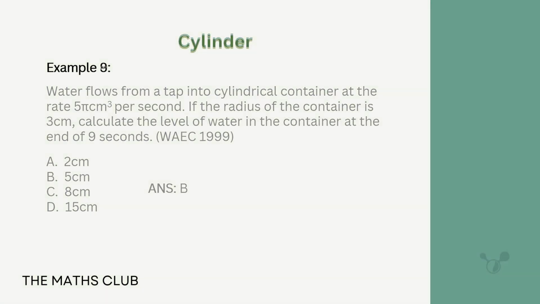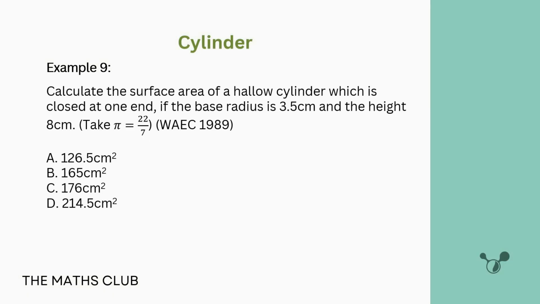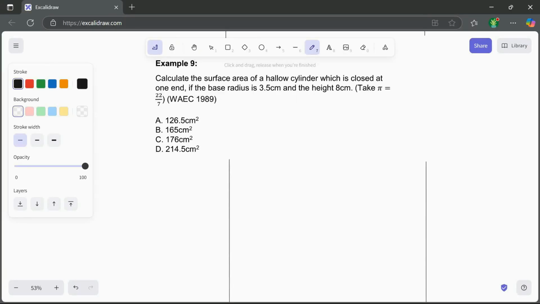Great. Example 9 says calculate the surface area of a hollow cylinder which is closed at one end if the base radius is 3.5 centimeter and the height is 8 centimeter, and take pi to be 22/7. This is from WAEC 1989. So for a cylinder, if it's closed at one end, we know what to do. The base radius is 3.5 centimeter, the height is 8 centimeter, the pi is 22/7.